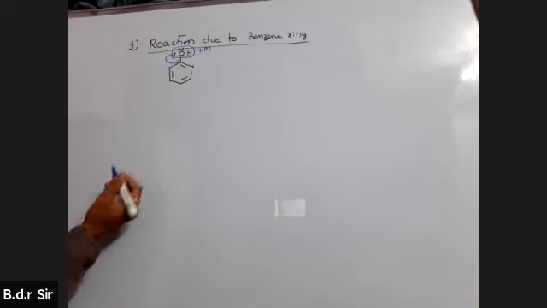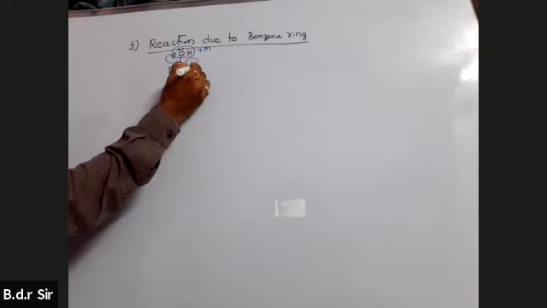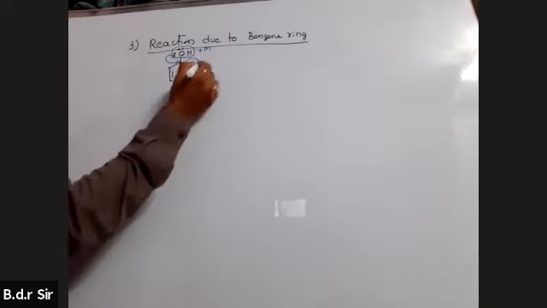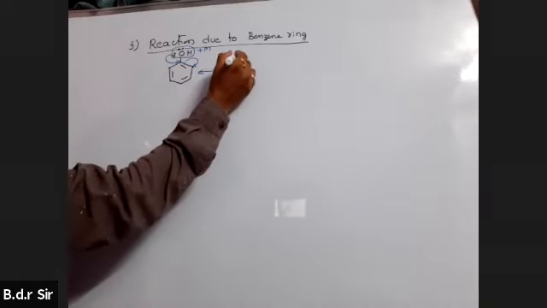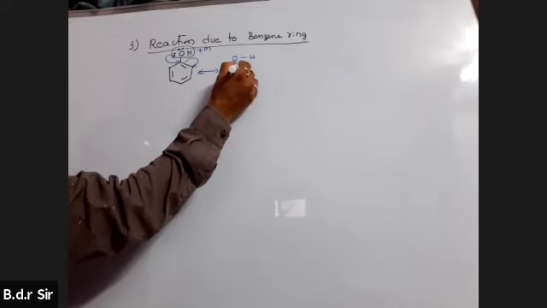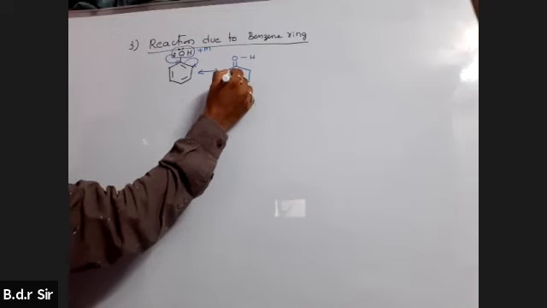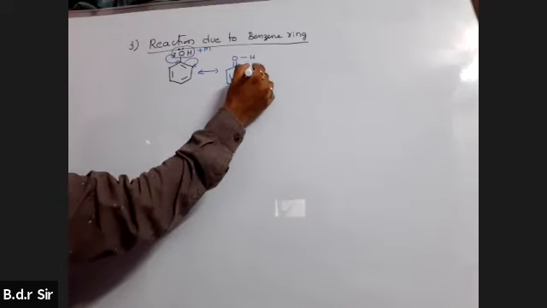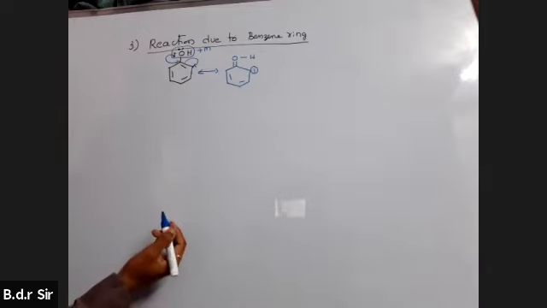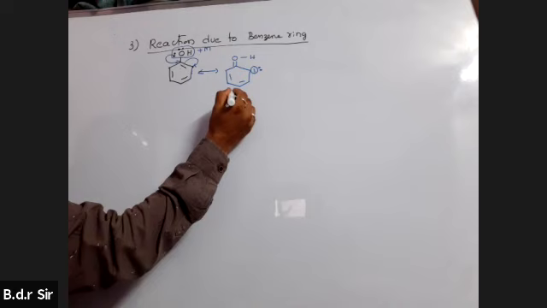If this happens, the pi bond electrons shift toward the ortho position. So it gives this structure: C=OH with a negative charge. The negative charge indicates electron density increases at the ortho position.